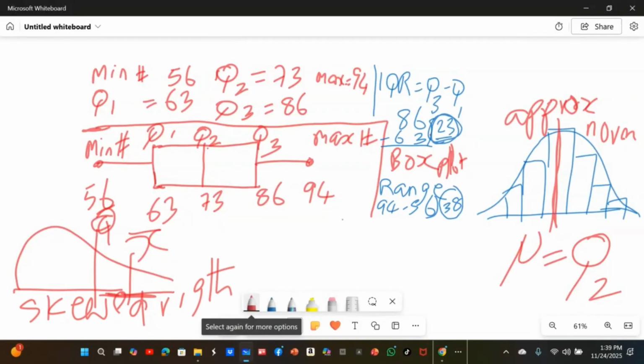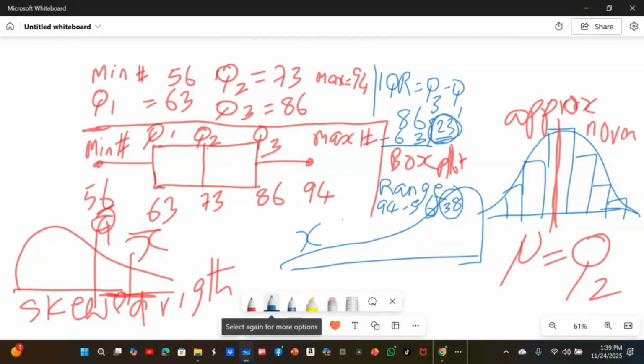Well, in a skewed left distribution, the mean is less than the median. It means there's an outlier at the tail that is drawing the mean to the tail. So in a skewed left distribution, the median is greater than the mean.